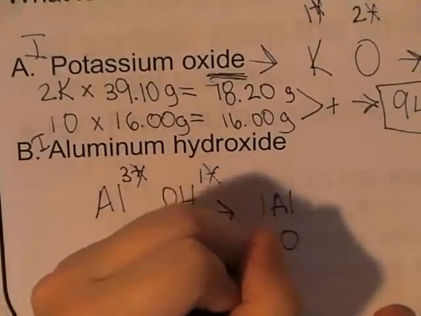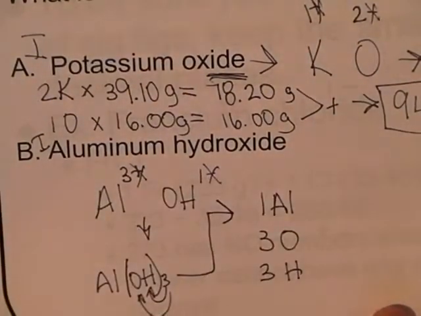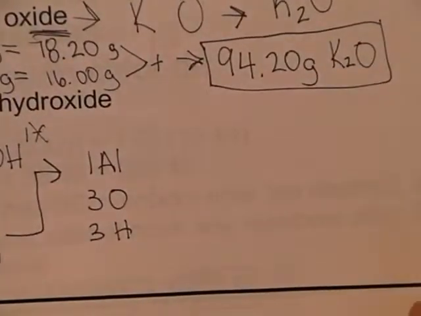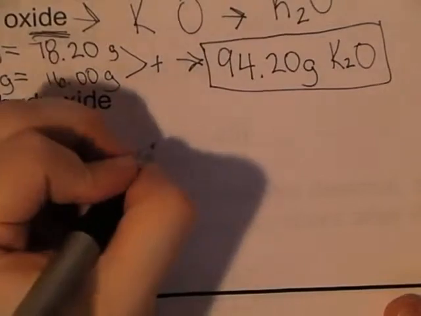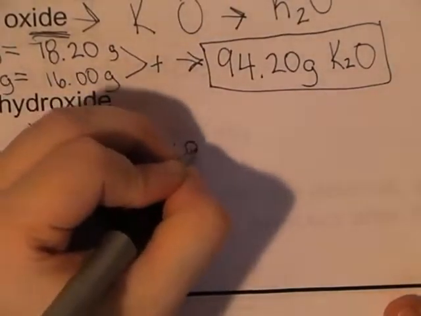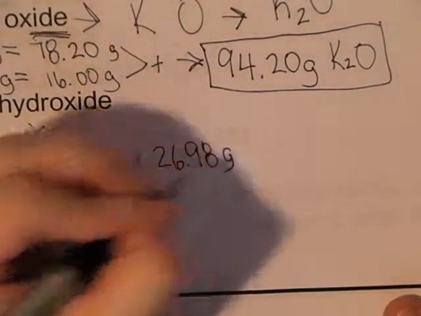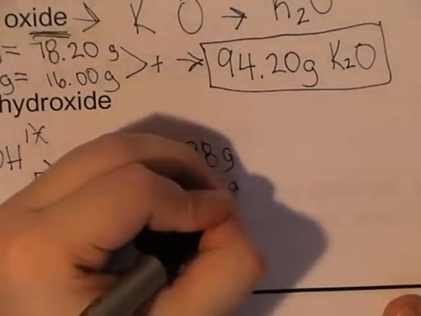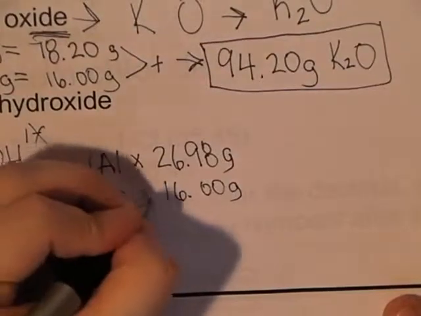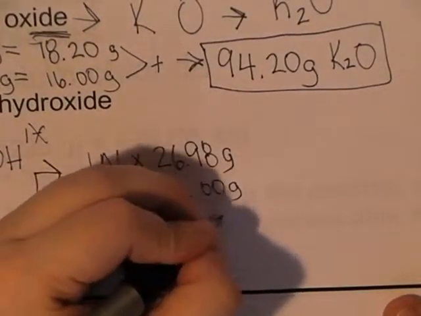Not a trick question. Also 3 hydrogen. Okay, so you have that. Next, you need to look up their masses. Aluminum, if you look it up, is 26.98 grams. Oxygen, we just did in the last one, is 16.00. And hydrogen, 1.01.